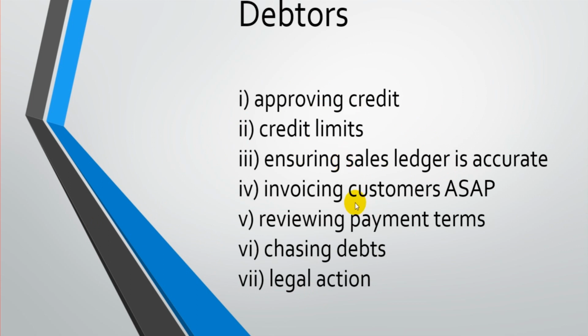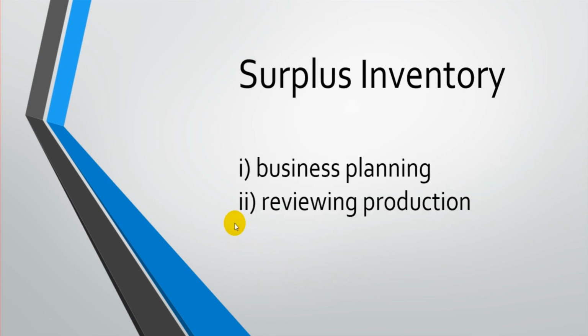It's having some sort of sales ledger policy and credit control procedure in place, from new customers with approving credit and credit limits, all the way through to customers not paying and starting legal action.